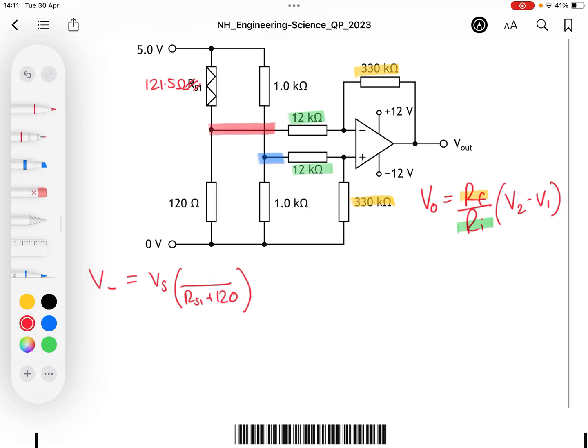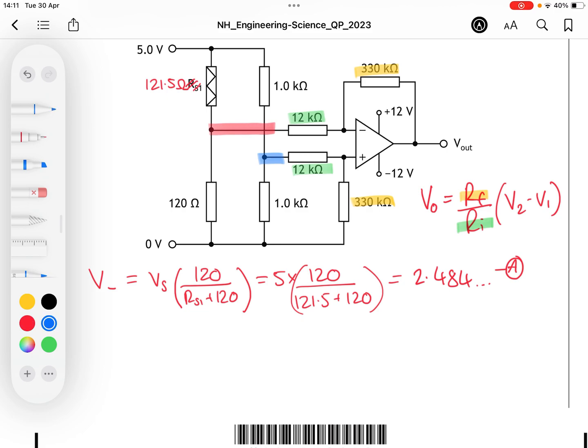It's 120 on the top. So that gives me 5 times 120 all over 121.5 plus 120, and if I stick that into a calculator, I get 2.484, etc. And once again, I'm just going to store that in my calculator as A.